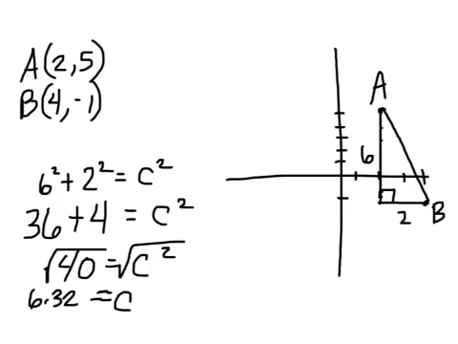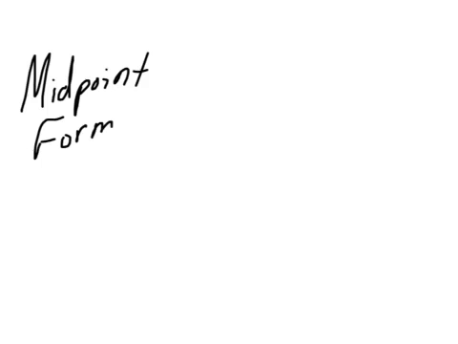The next formula that we also have in here is what we call the midpoint formula. Now, the midpoint formula is a way to find the middle point. So if you have your 2 points, and let's say that those are miles apart, and you wanted to stop halfway and get gas or whatever, that's exactly what the midpoint does.